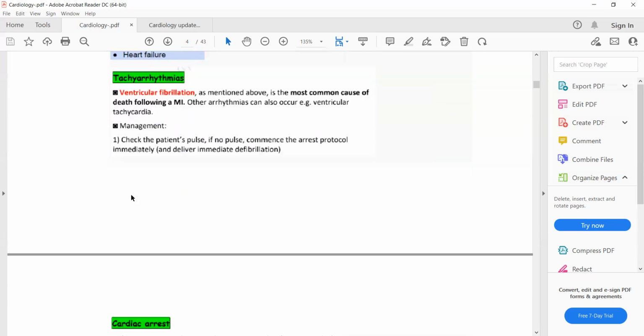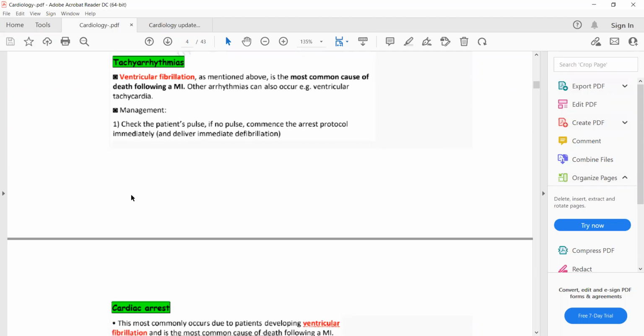Remember that any type of arrhythmia, either ventricular tachycardia or atrial fibrillation or whatever the type of arrhythmia, if the patient is clinically unstable, then you will select DC cardioversion as the management option for the treatment of an arrhythmia in an unstable patient.